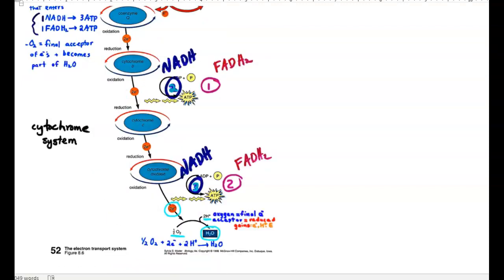Let's look at what happens to the oxygen that you are breathing in. This is why you need oxygen. Oxygen right here is a final electron acceptor. It is going to get reduced, and it is going to become water. Pay attention. The oxygen that you breathe in is used as a final electron acceptor in the electron transport system.